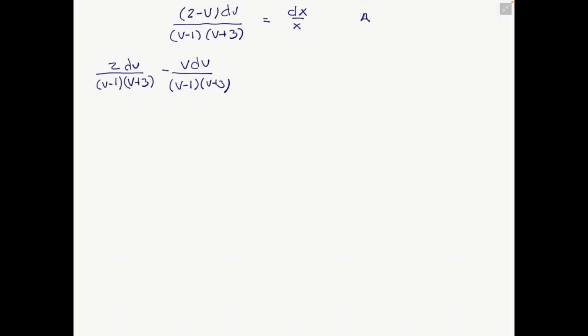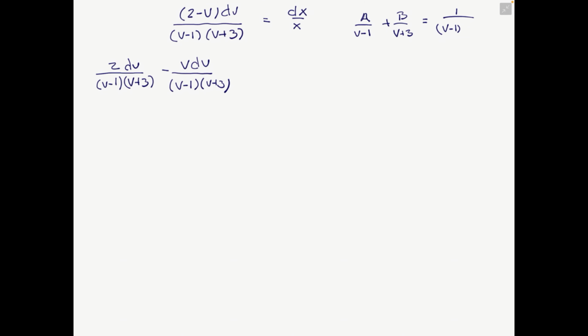a on v minus 1 plus b on v plus 3 is equal to 1 over v minus 1.